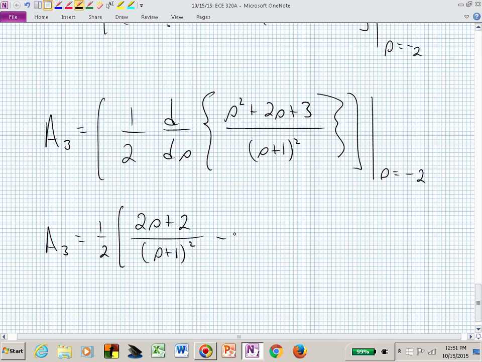So that now gives me minus 2 times (s plus 1) raised to the minus 3 times the derivative of s plus 1 with respect to s, which is 1, and all of that needs to keep the first term in place, which was s squared plus 2s plus 3.